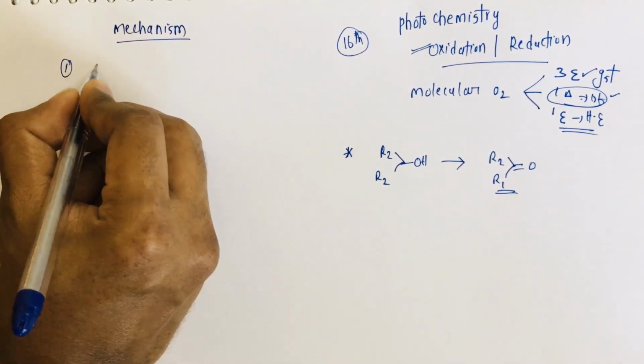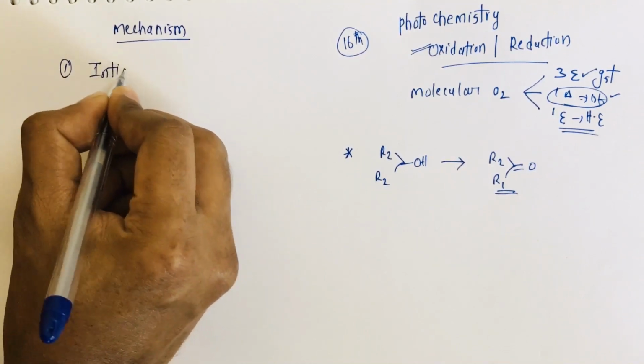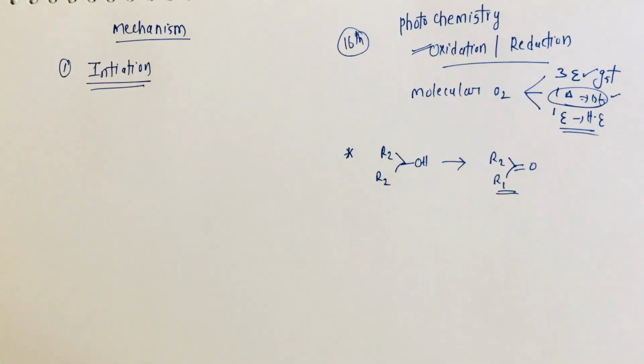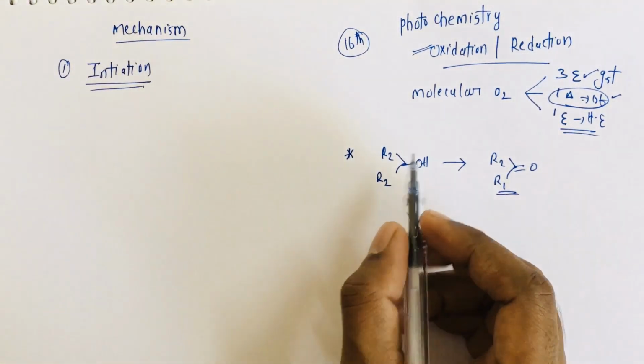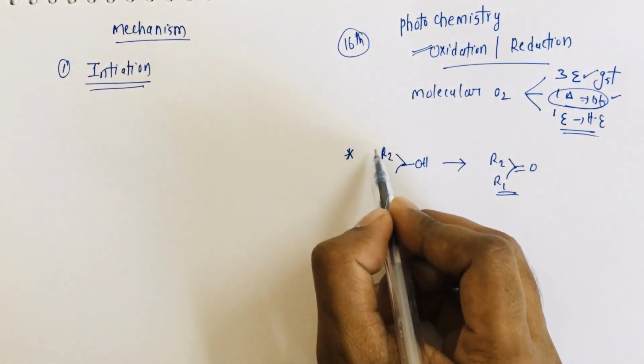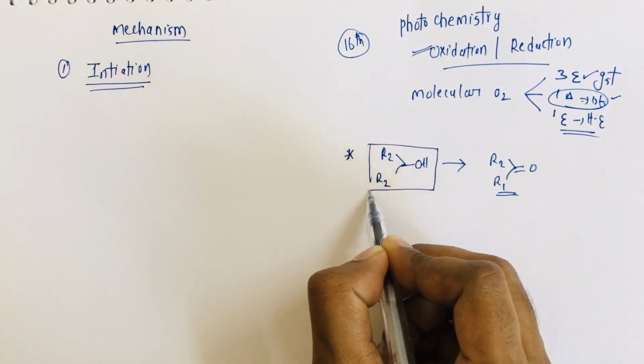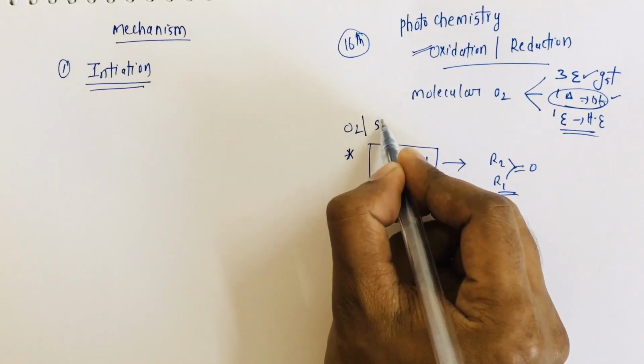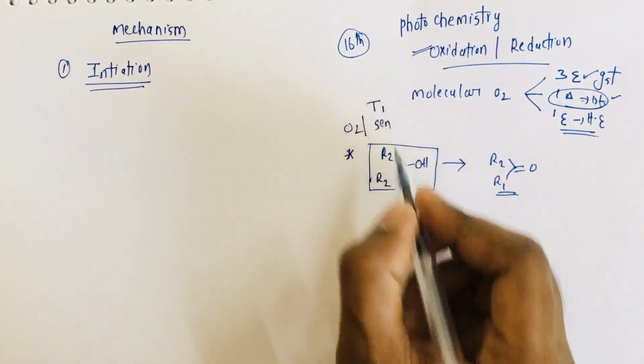The first step is initiation. First we irradiate this compound in the presence of O2 as well as sensitizers. Sensitizers means triplet sensitizers.